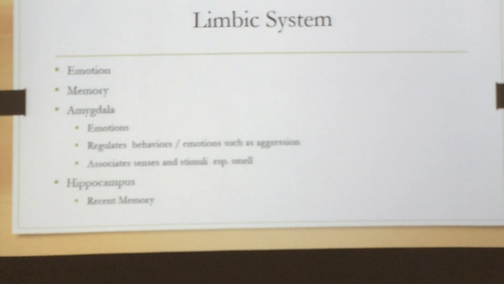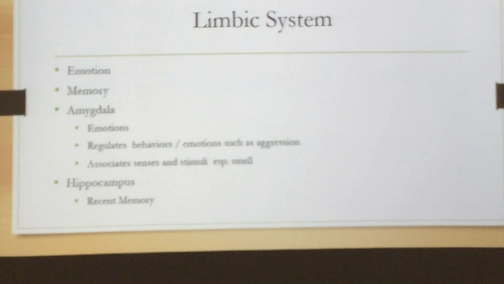Now, the limbic system. The limbic system is involved in emotions, in memory, and the two structures of the limbic system that we're going to talk about are called the amygdala and the hippocampus. The amygdala is very important in our emotions. It's very important in regulating behaviors such as aggression.